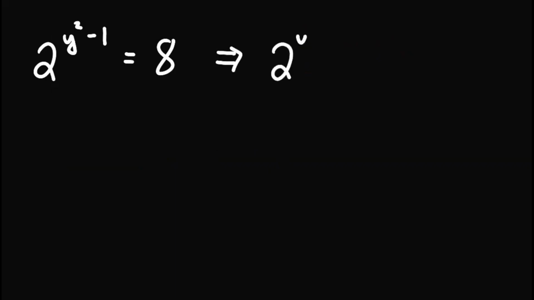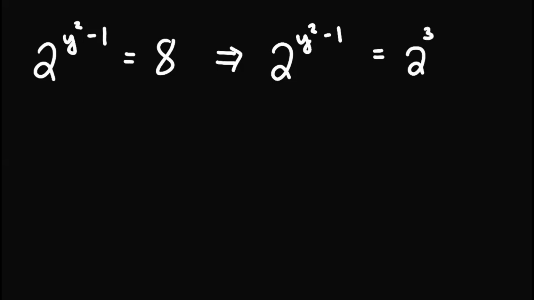Let's have 2 raised to y squared minus 1 equals 8. Okay, for this one, note that since we still don't have the same base, we can express 8 as 2 cubed.